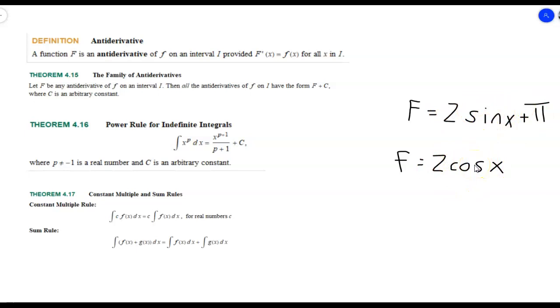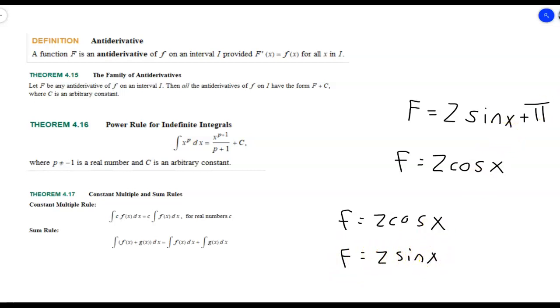So if I was just given the function f of x equal to 2 cosine of x, and I found the antiderivative, big F would be 2 sine of x.